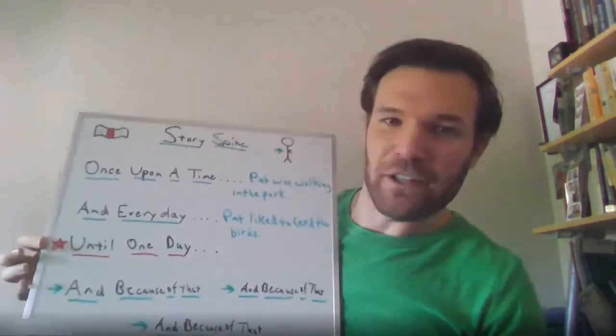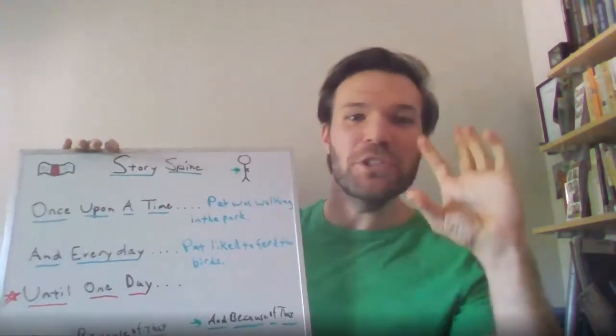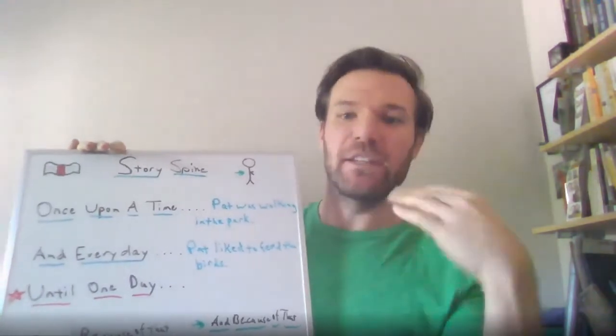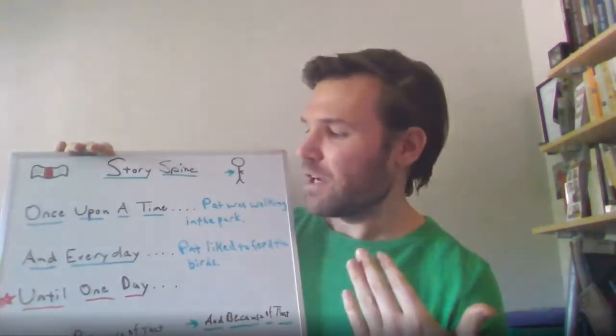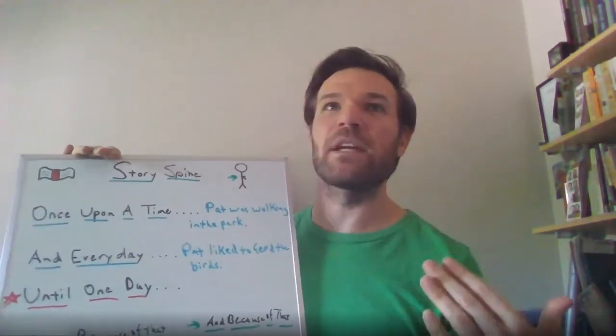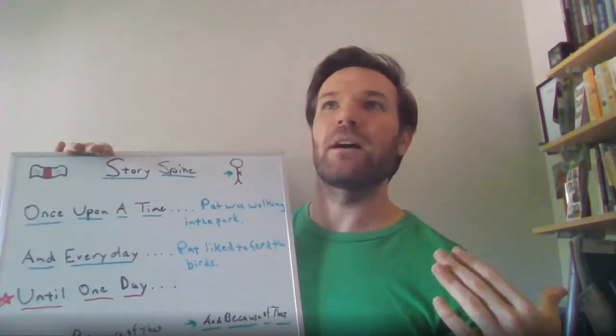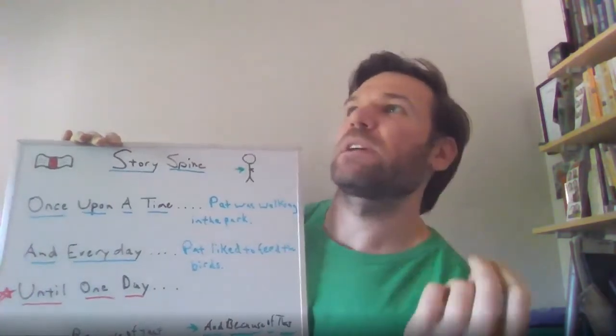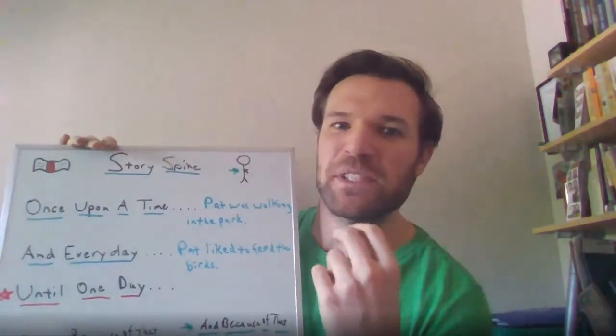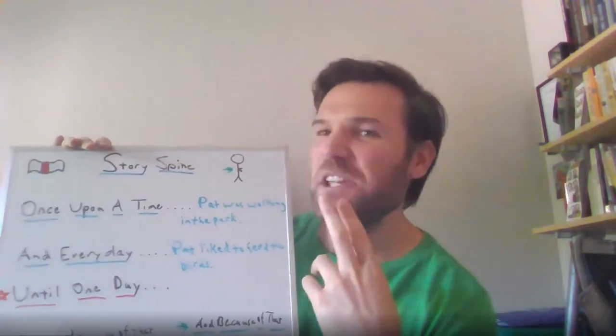Why it's in a different color, in red, is because it's a huge change that happens in the story that affects Pat directly. It disrupts their routine. So it could be something like their arch nemesis, Steve, came by and growled at them.